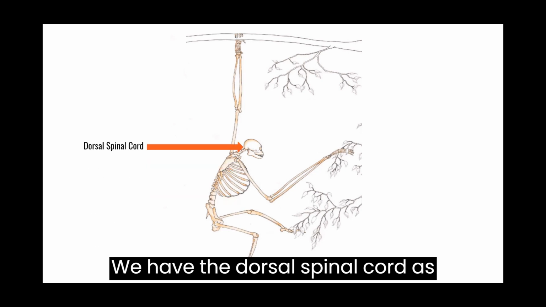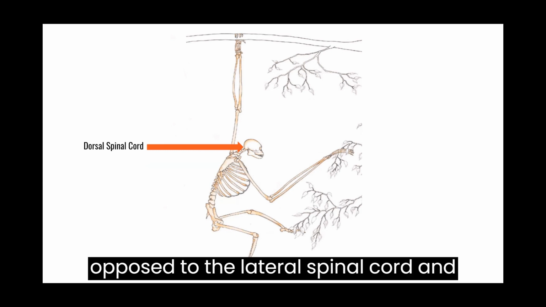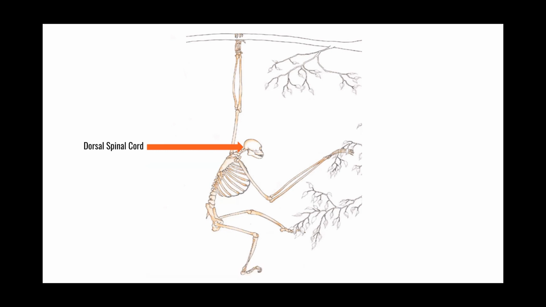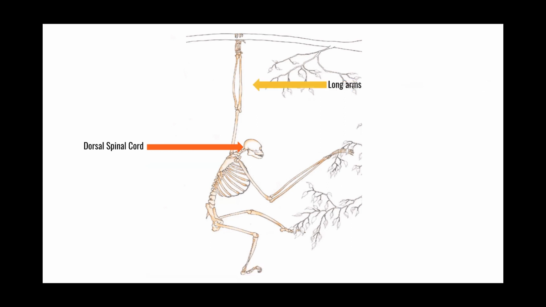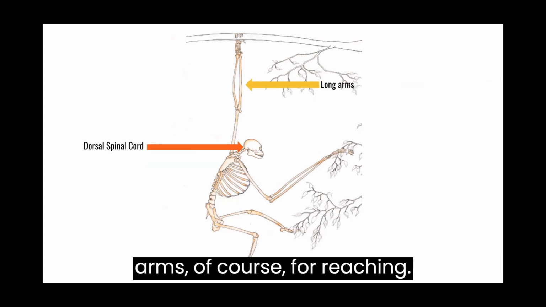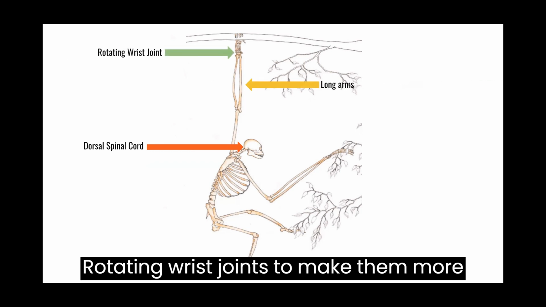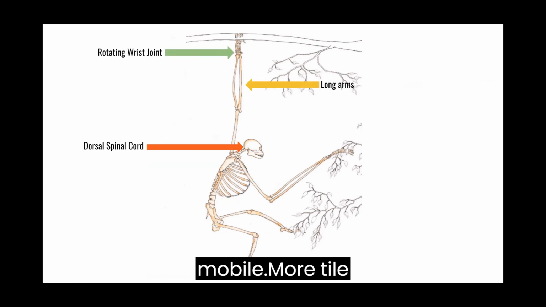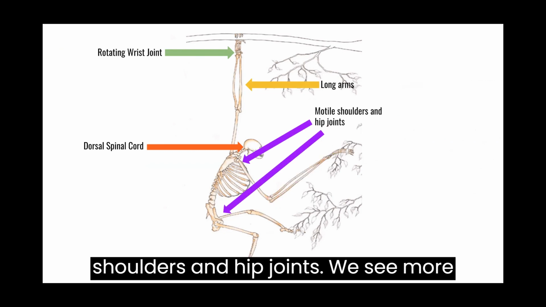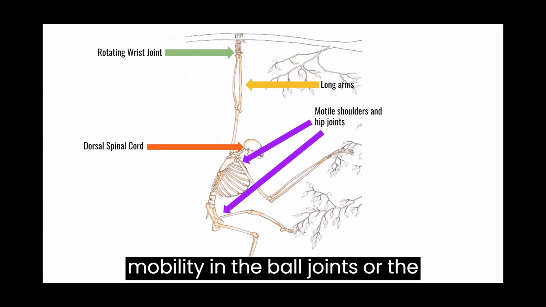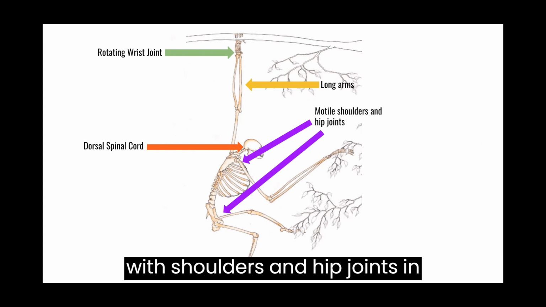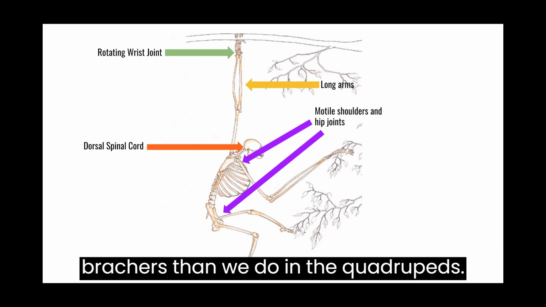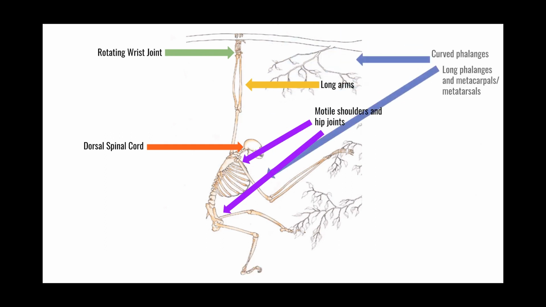We have the dorsal spinal cord, as opposed to the lateral spinal cord in the quadruped or the anterior spinal cord in the biped. Long arms, of course, for reaching. Rotating wrist joints to make them more mobile. Motile shoulders and hip joints. We see more mobility in the ball joints, or the pendulum balls, with shoulders and hip joints in brachiators than we do in the quadrupeds.